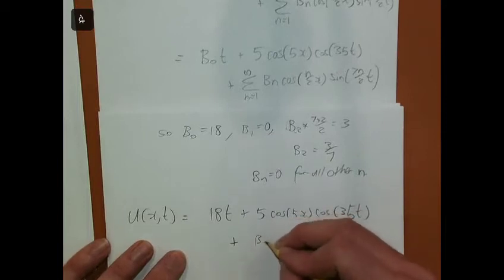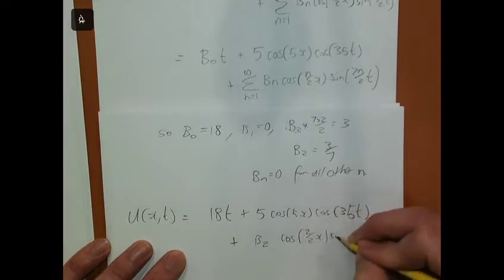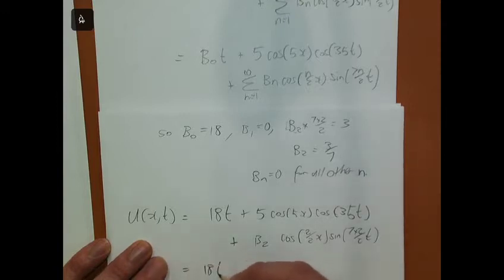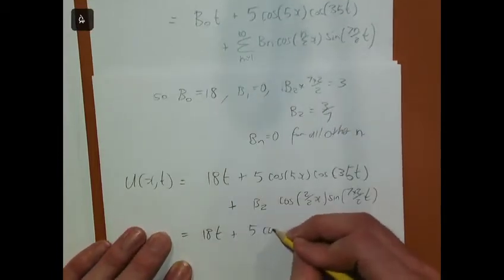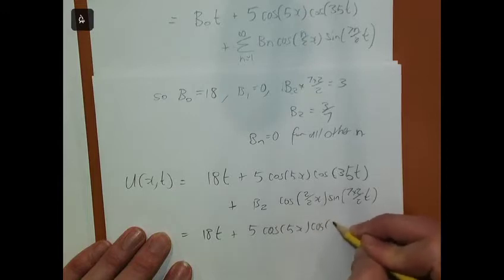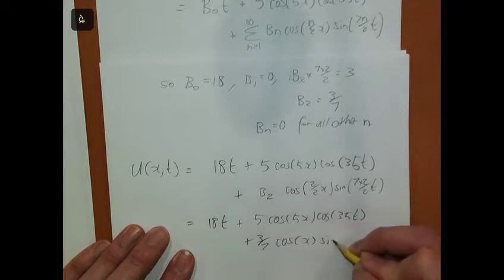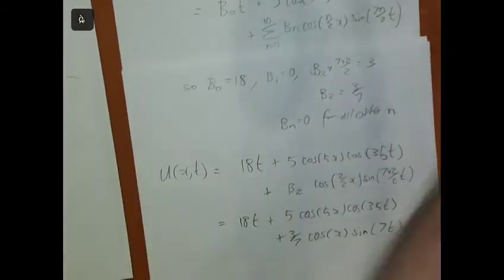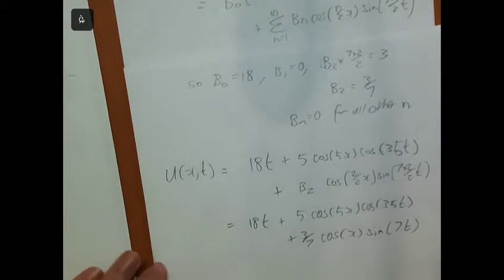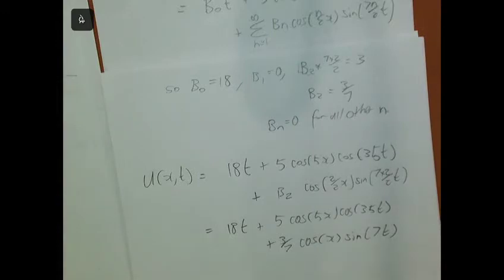So I've got b2 cos 2 on 2 x sine 7 times 2 on 2 t, and the b2 came out to 3 on 7, yep. 3 on 7 cos x sine 7t. There we go. There you go. That's it.